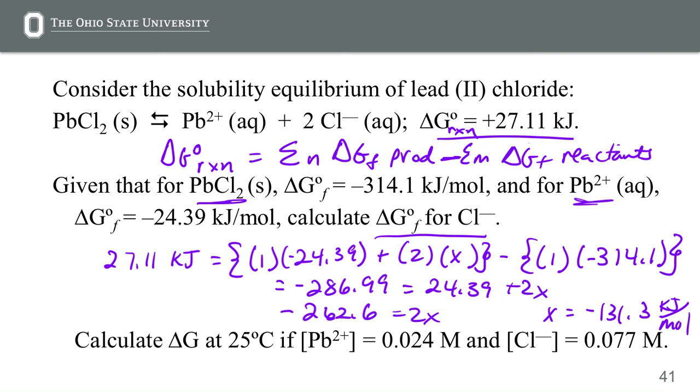Okay, so delta G of the reaction equals the sum of the moles times delta G of formation of the products minus the sum of the moles times delta G of formation for the reactants. I think that's on a slide somewhere. Probably looks a little bit neater there. Better format.